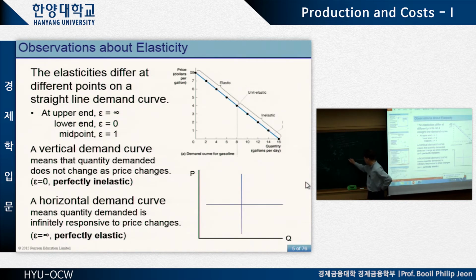Apparently the price is P star right now, and if the price goes up even slightly, then absolutely no demand there is. The quantity demanded becomes zero. Can you imagine such a thing?